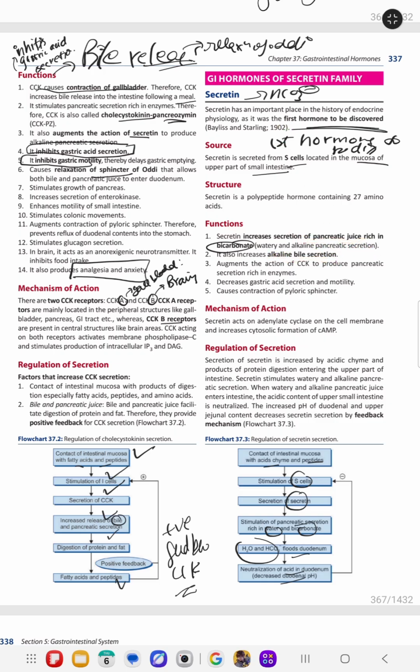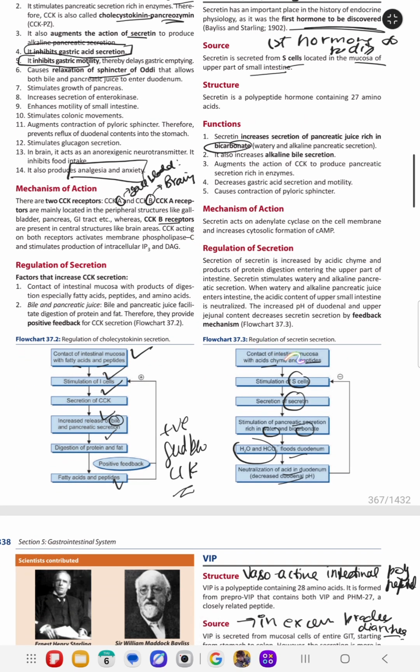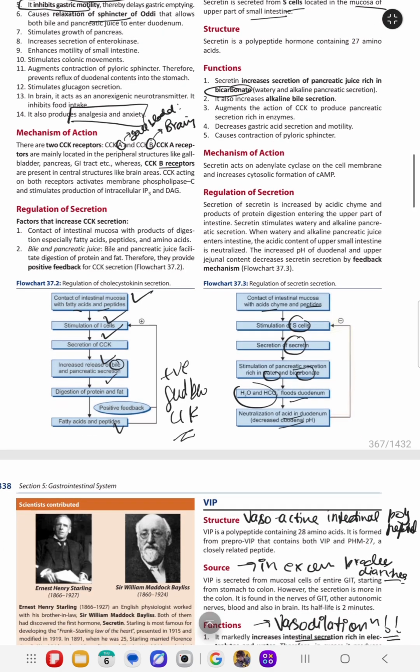It helps in the action of CCK as well. Mechanism of action: adenylate cyclase. Regulation: basically, it neutralizes the acid in the duodenum, and that is responsible for its negative feedback.